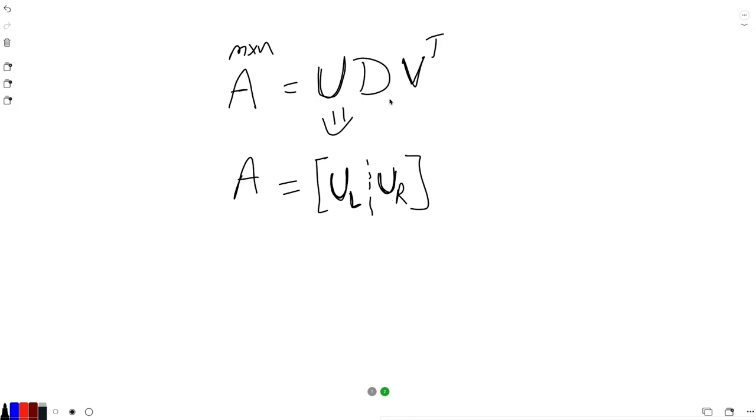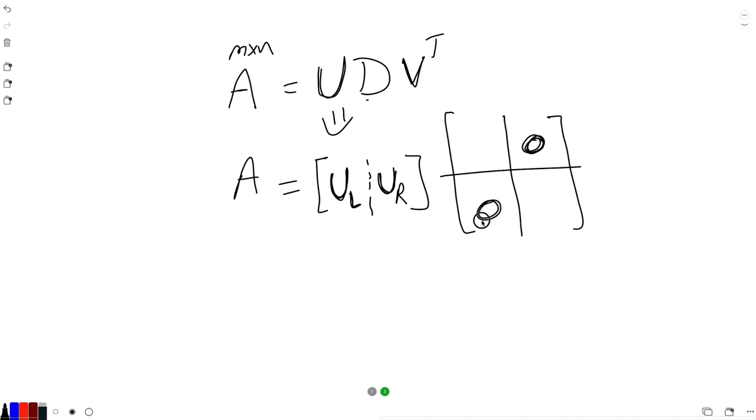This D matrix, as we said, is 0 everywhere except the diagonal. But not all of the diagonal exists, because m is not equal to n. The singular values are non-zero only for the independent rows or independent columns of the matrix A, and this number must be less than or equal to the minimum of m and n.